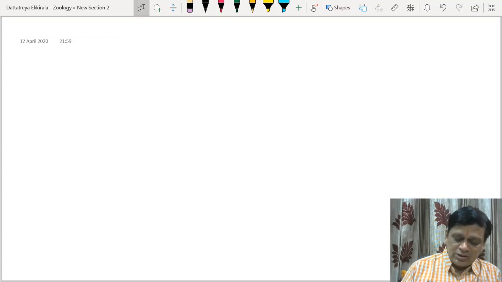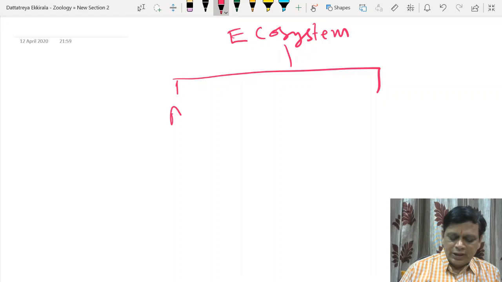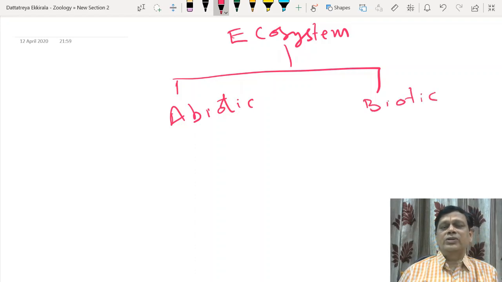So ecosystem consists of both abiotic and biotic components. The biotic components means producers, consumers, decomposers, etc. So these biotic components as well as functional aspects of ecosystem, we'll study in another chapter called ecosystem.